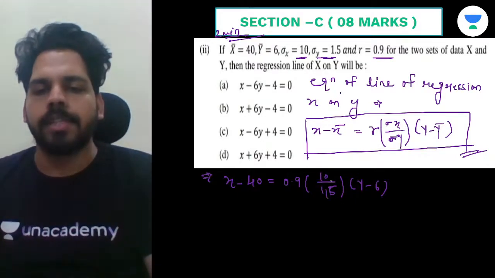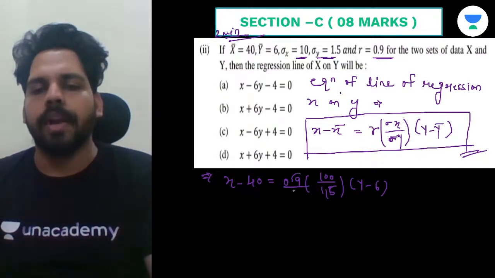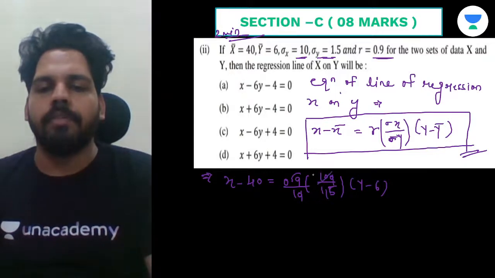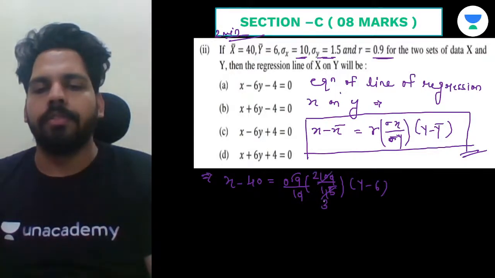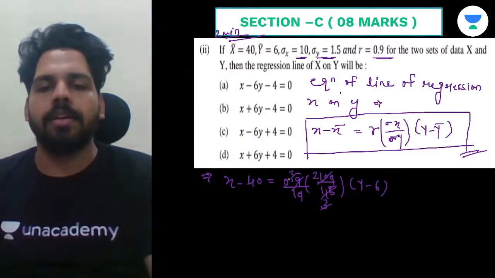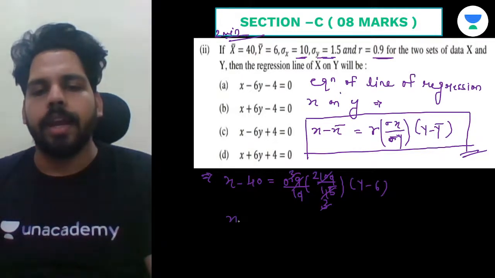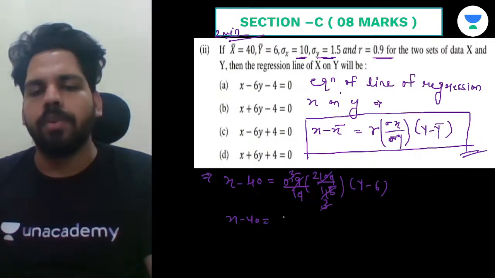Now we can remove this decimal, we can write here 100, and we can remove this decimal, we can write here 10. So 10 will be cancelled out. Now 5 2s are 10, 5 3s are 15, 3 3s are 9. So we are getting x minus 40 is equal to 3 2s are 6, 6 into y minus 6.